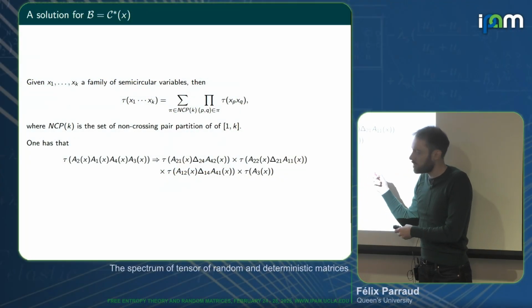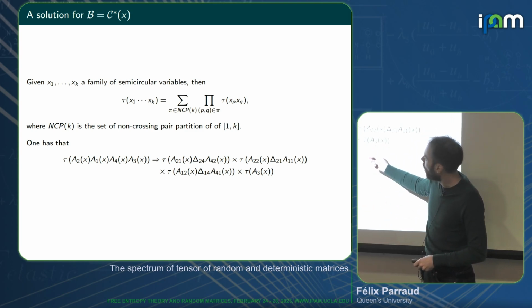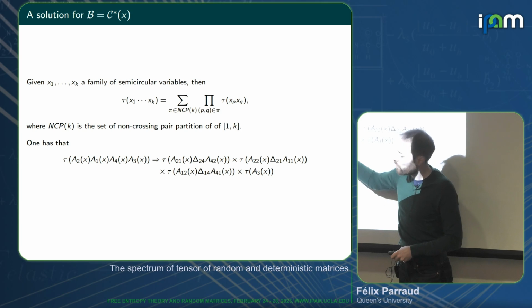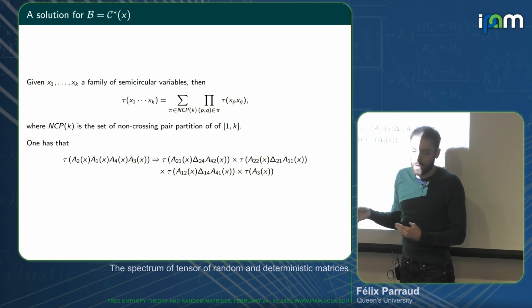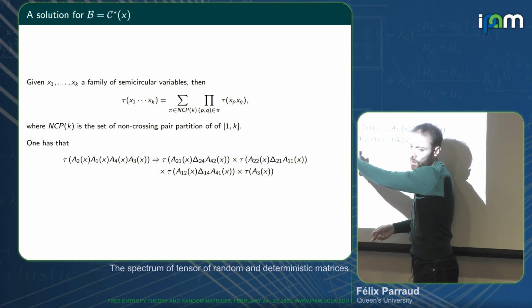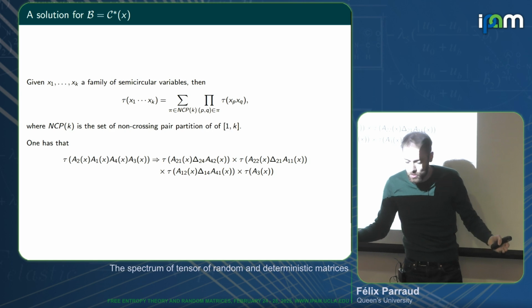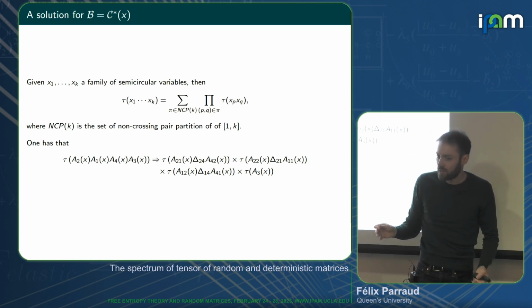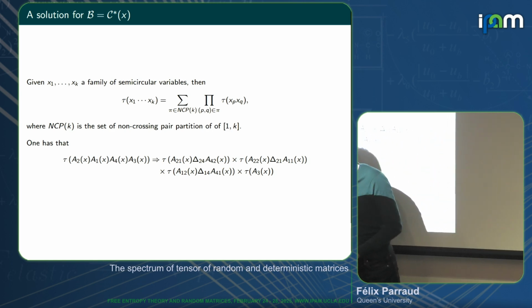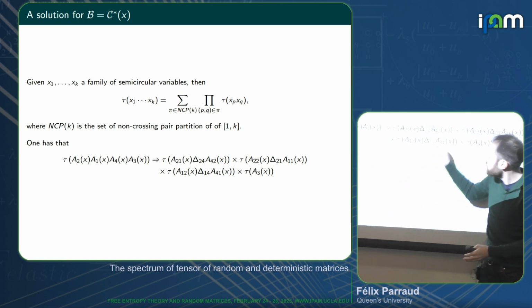But here, as you can see, in each of those traces, either we've got a single polynomial or we've got two of them, two subsets of them. But by traciality, you can swap them, so their order does not matter. And a product of traces is a product of scalars, so you can swap them however you want. So even though here you've got this order A2, A1, A4, A3, it's all commutative.